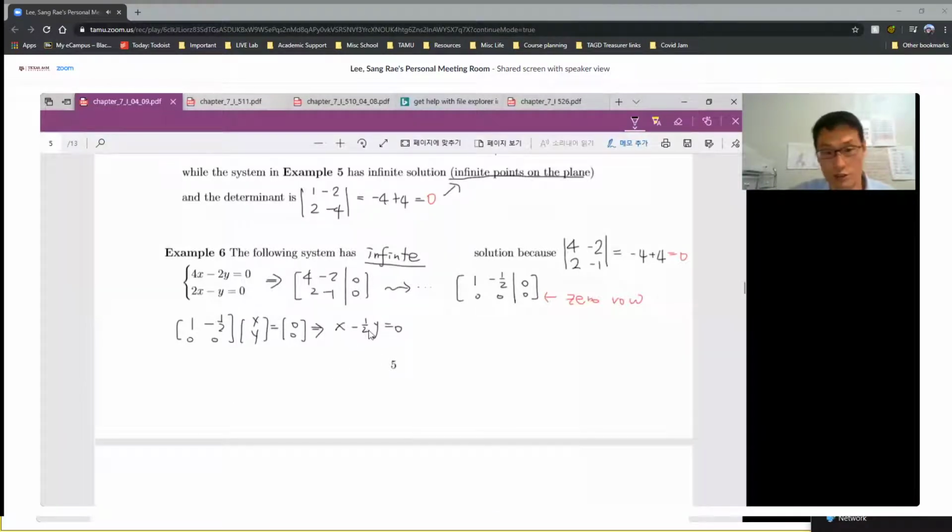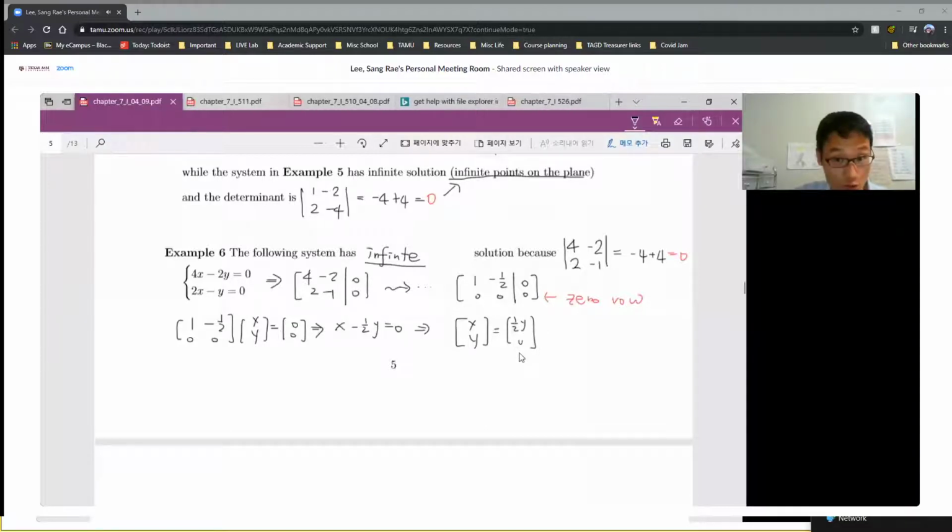So look at this. x minus half y is 0. That is our infinite solution. So you want to express this infinite solution using a parameter. So what you can do is express x and y in terms of y. If you solve this for x, x is just half of y.